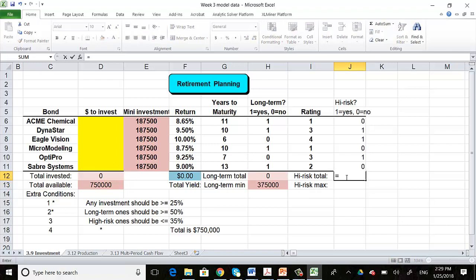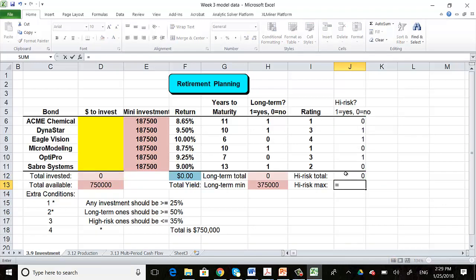Okay, we'll calculate the total first. Sum product of your decision variables column and your high risk ratio column. Coefficient. So here we're trying to see which ones we should include, the high risk ones.